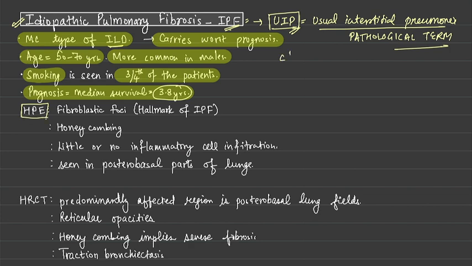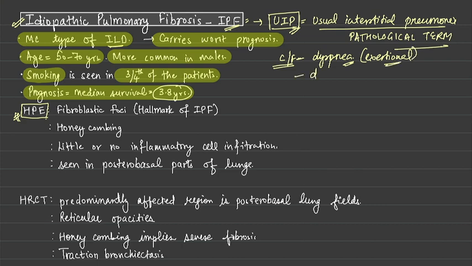As far as clinical features are concerned, right? Let us not talk about HPE at the present. Clinical features will be non-specific, or you can say it will be like all other ILDs. The most common symptom will be dyspnea, which is basically exertional dyspnea.